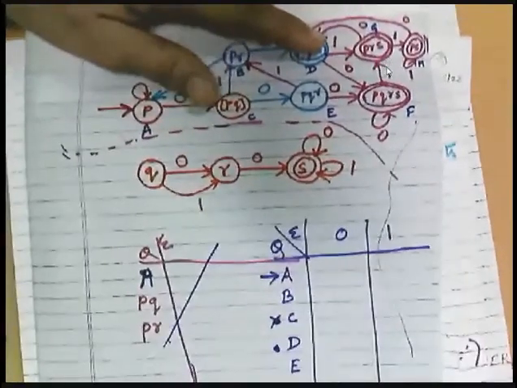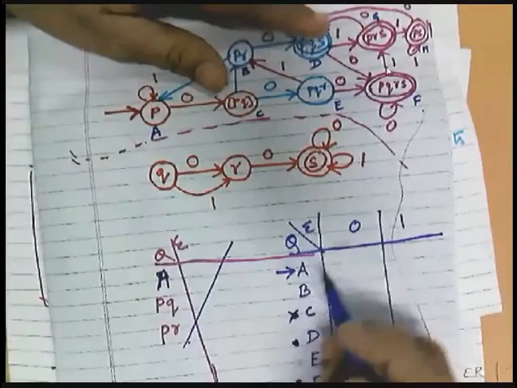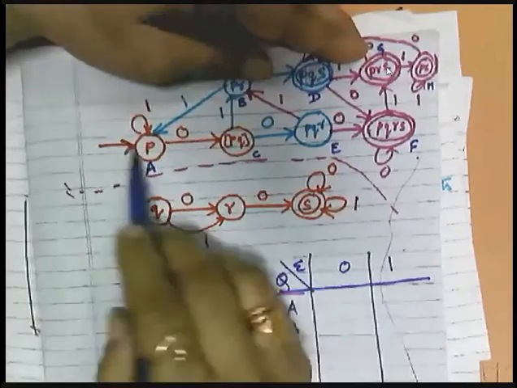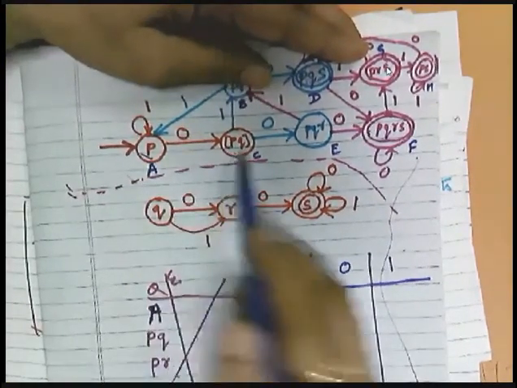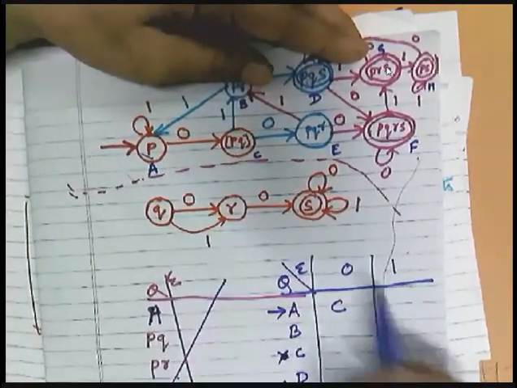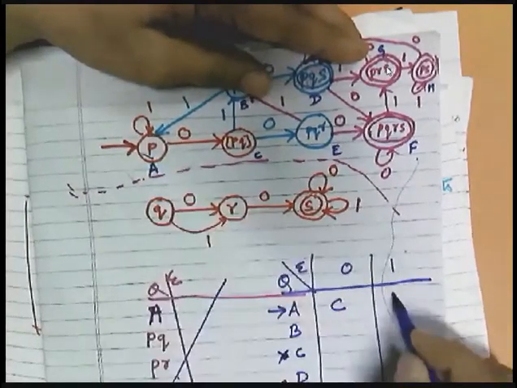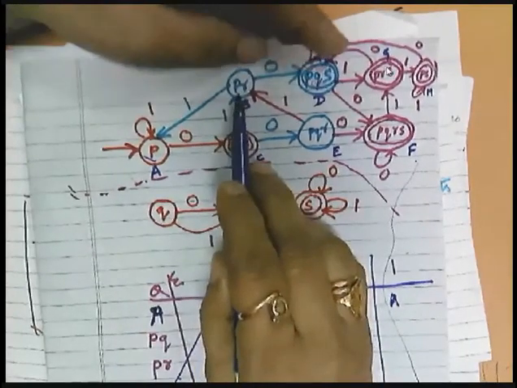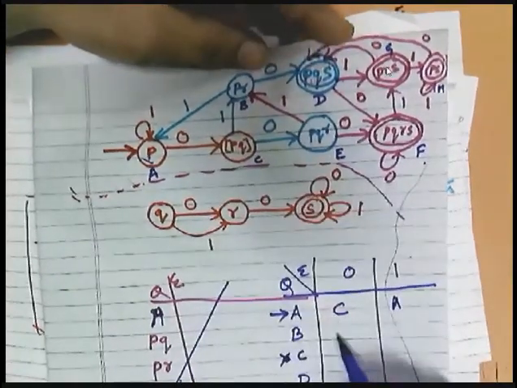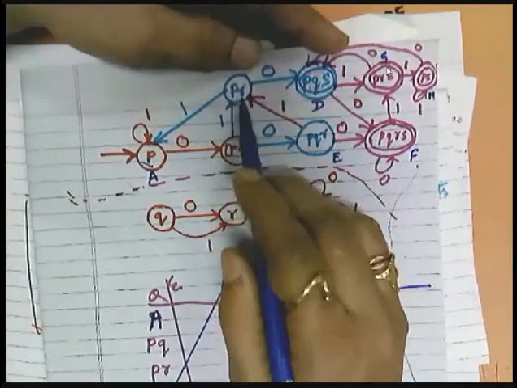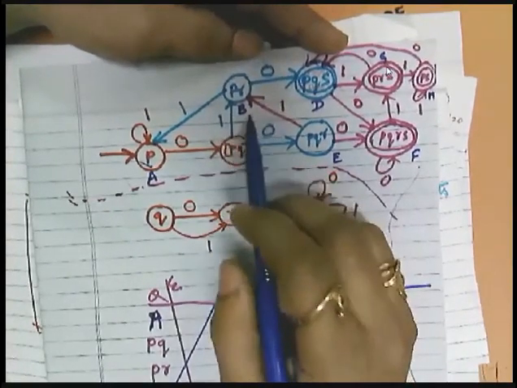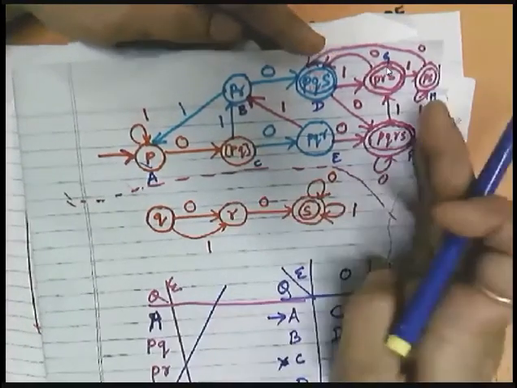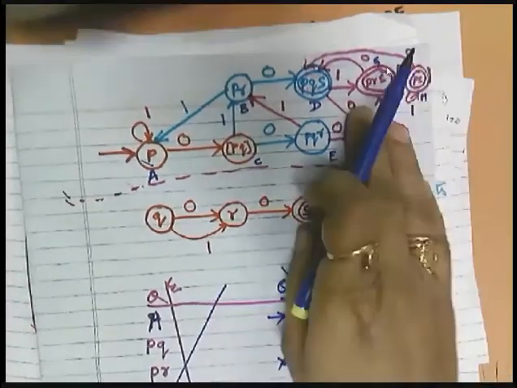One by one we will fill all these things. A on 0 moves to C. A on 1 moves to itself. Then B: B on 0 moves to D. B on 1, there is no transition, or I missed it.